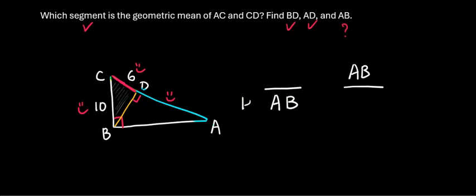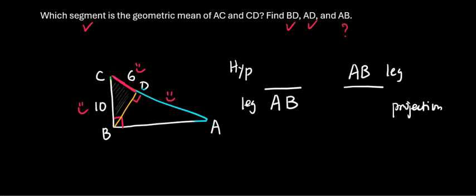AB. That's the leg, which means here I need to put a hypotenuse. Here I need to put the projection, or if you like, you say the segment that is adjacent to this leg. All right, hypotenuse. Remember AD, we just found what is the length of AD.